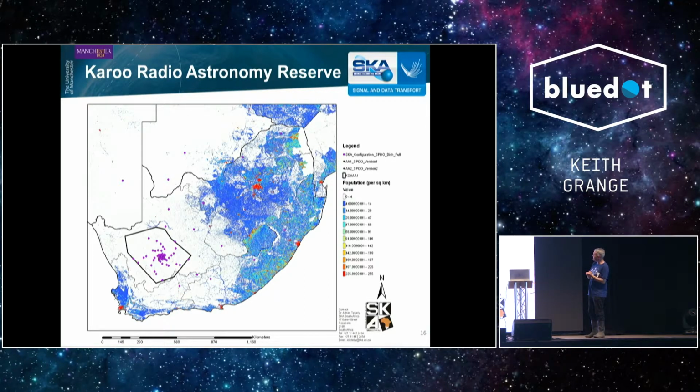So here's the picture of the Karoo Desert with an outline of how you would deploy the SKA antennas. And you can see that we're well away from the most inhabited bits of South Africa. Really critical to be able to make the very, very sensitive observations that I was talking about to tackle those science goals.